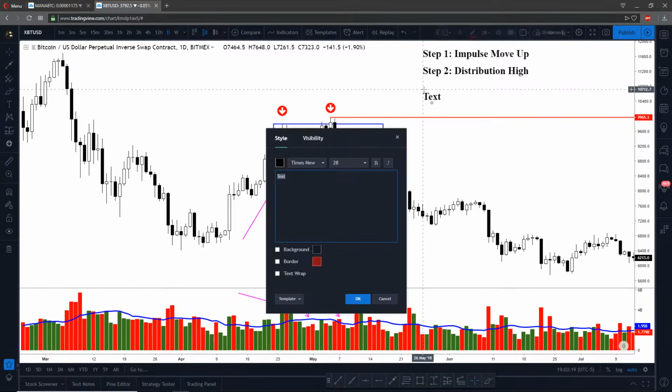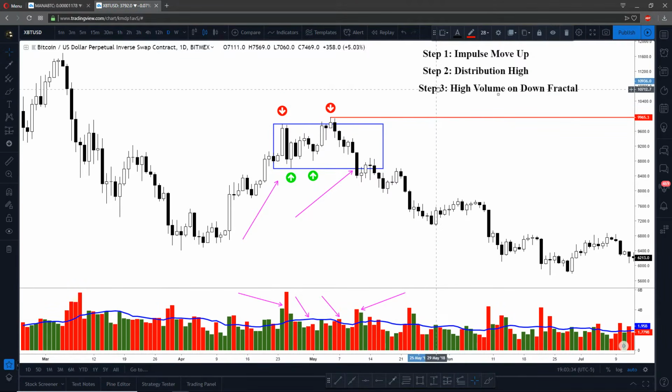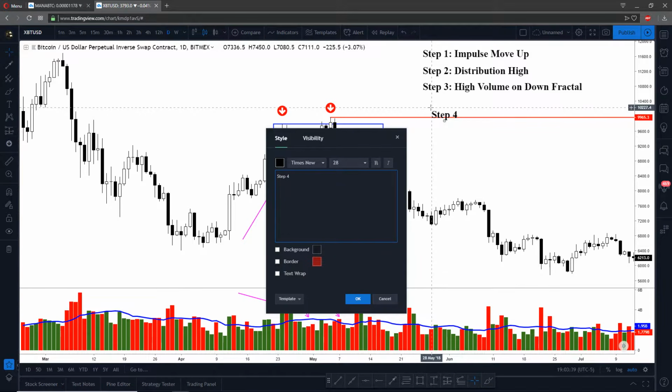Sorry, here. Step 3 would be high volume on down fractal. Step 4 would be low volume on up fractal in between the highs.